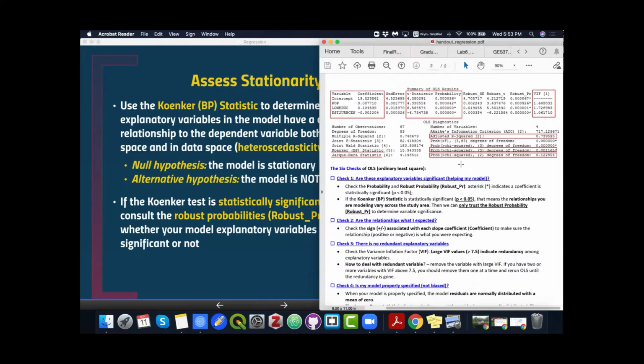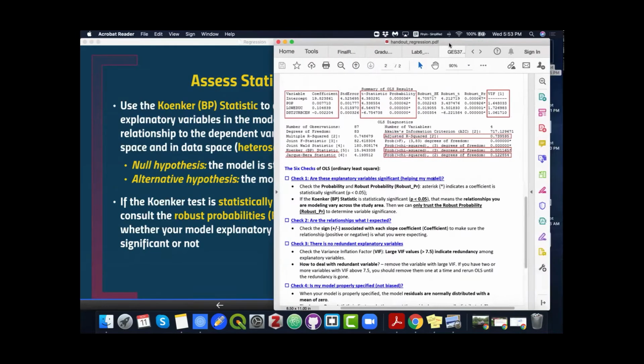So let's just quickly look at our table here. Here is the Koenker statistic, and I want to emphasize that the last number within this row of the Koenker statistic represents the p-value. Oftentimes folks are confused about which number to read, because there are many numbers.